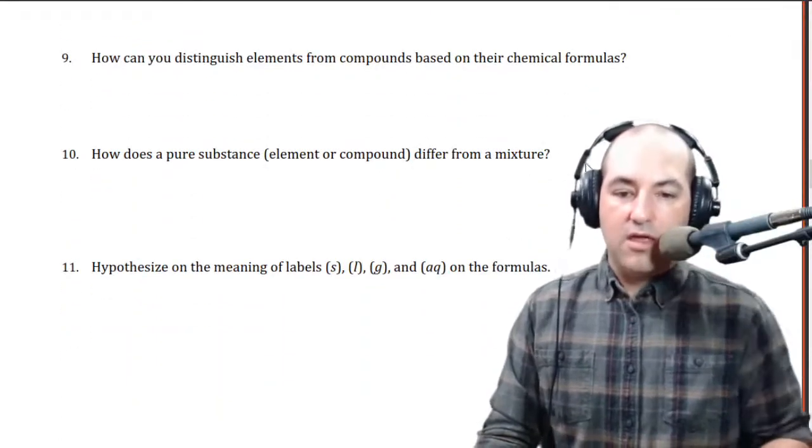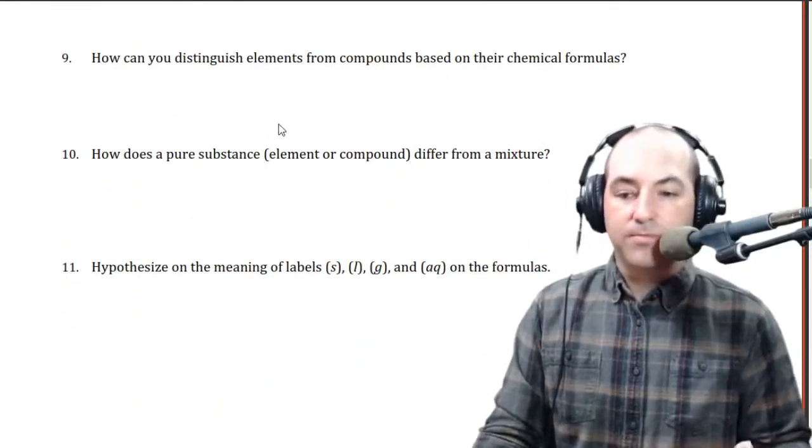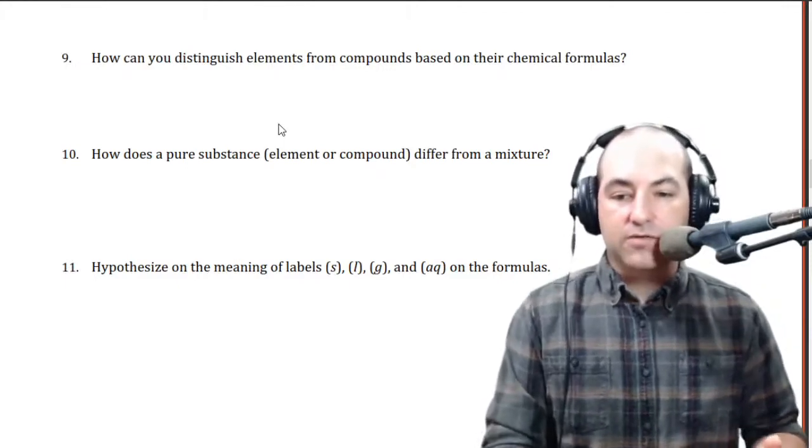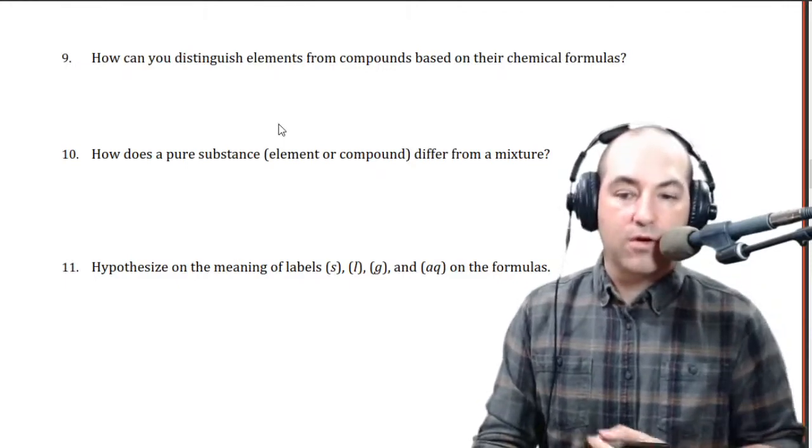So then, if you were to think of a more general rule, how can you distinguish elements from compounds based on their chemical formulas?